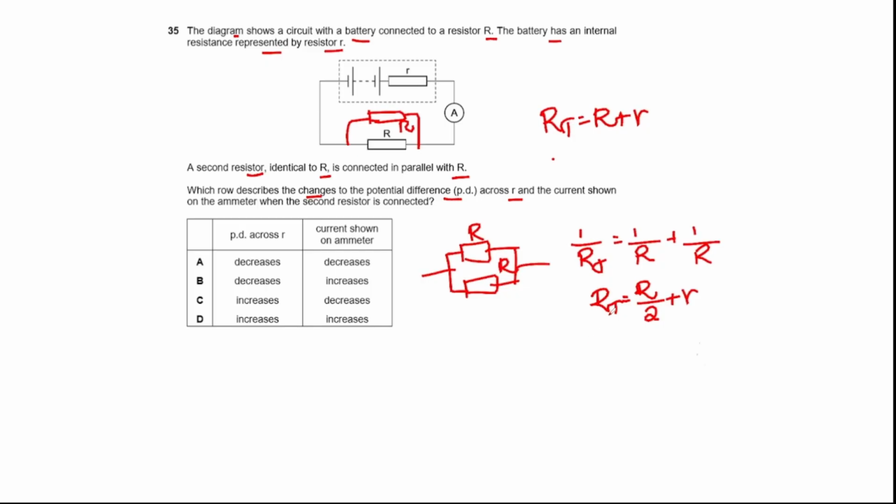So after connecting the second resistor, previously it was R plus R, and here it is R by 2 plus R. So the total resistance has decreased, which means that the current through the ammeter has increased. So the option is increase over here. And about the potential difference across R, since more current flows from the battery, the voltage drop across the R will increase. So the correct option is option D.